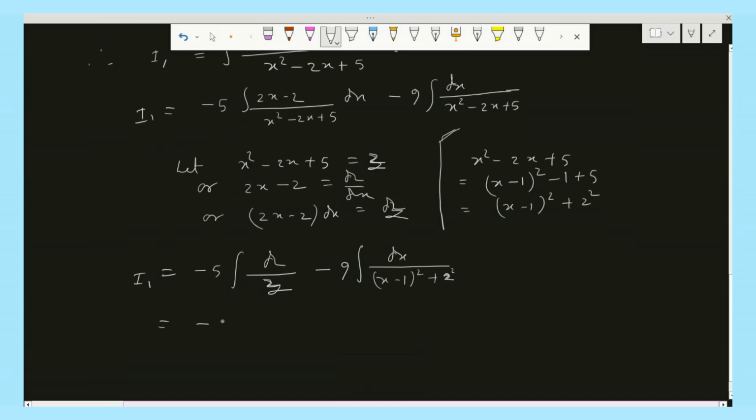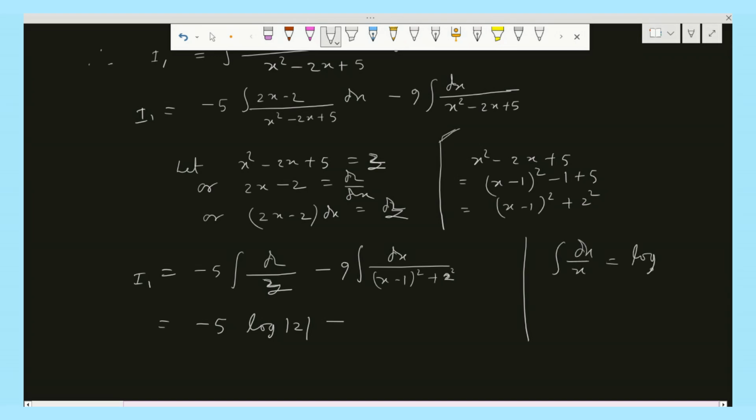Now minus 5 log of mod z, as per the formula integration dx by x equal to log x.